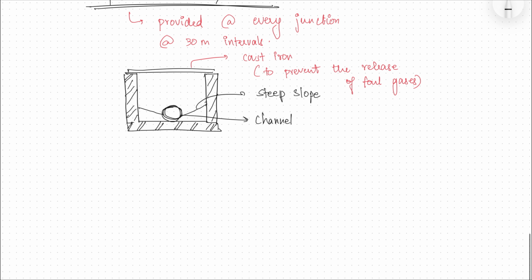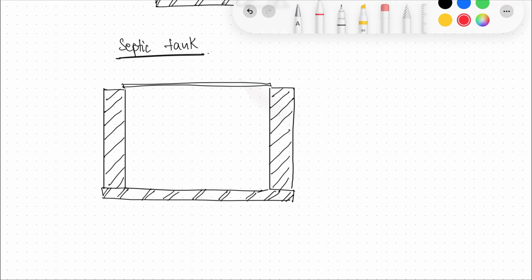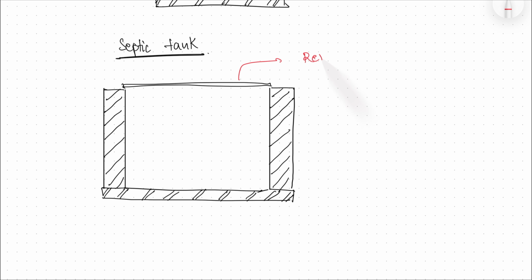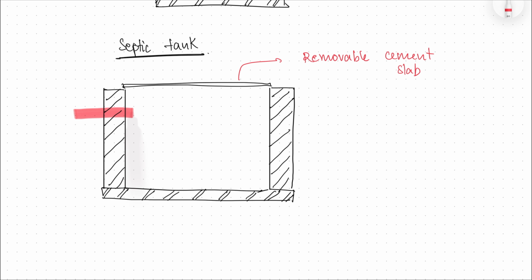Then we have the septic tank. This is covered with a removable cement slab. Imagine this is your inlet pipe, and this is your outlet pipe.